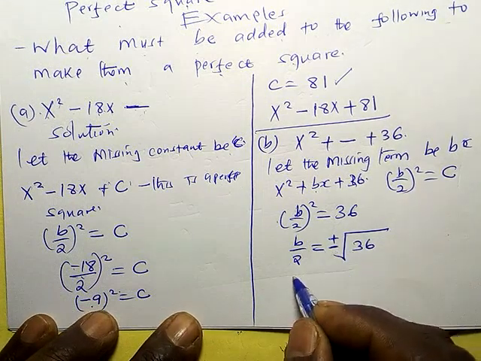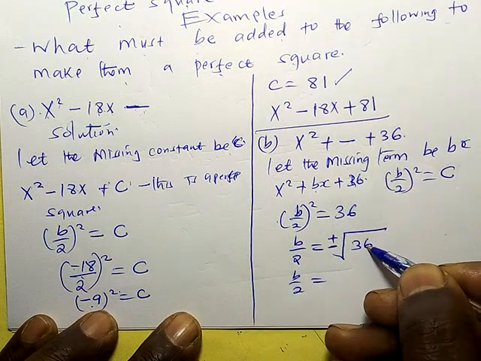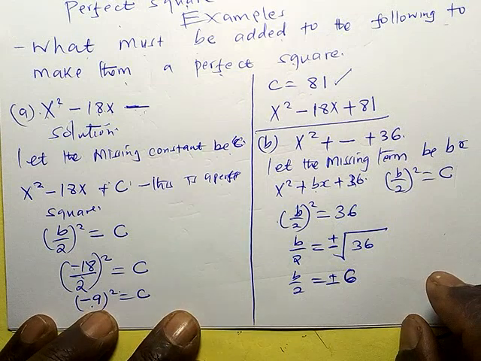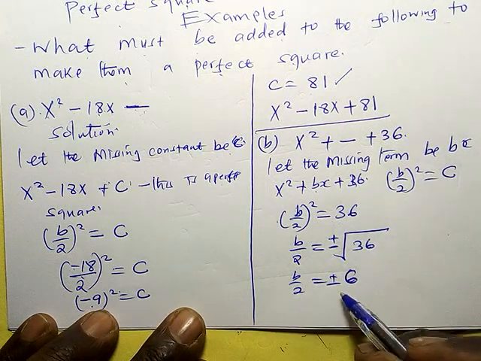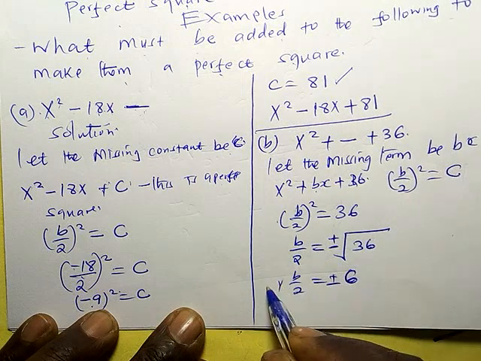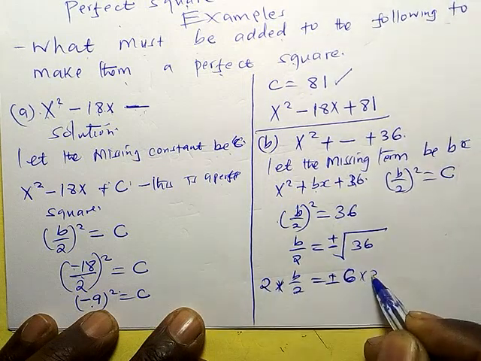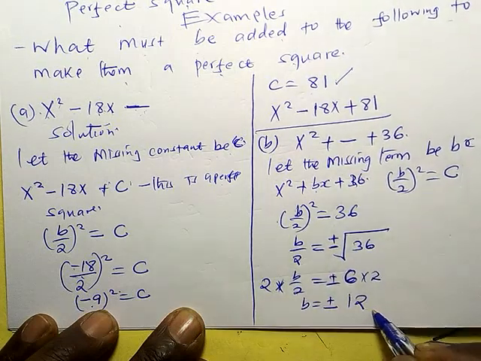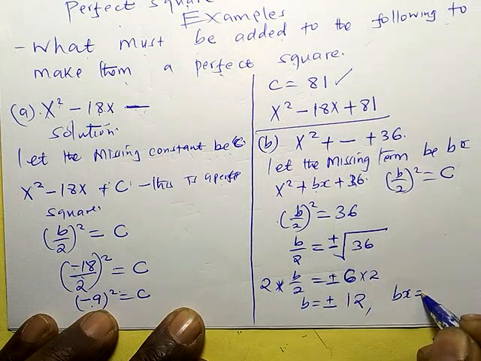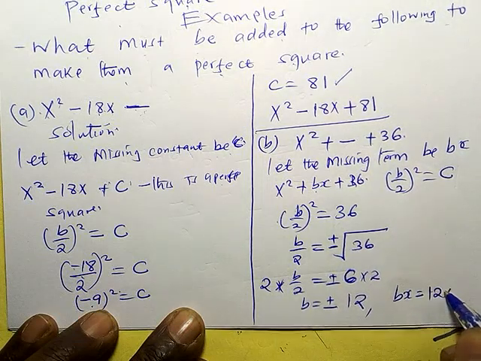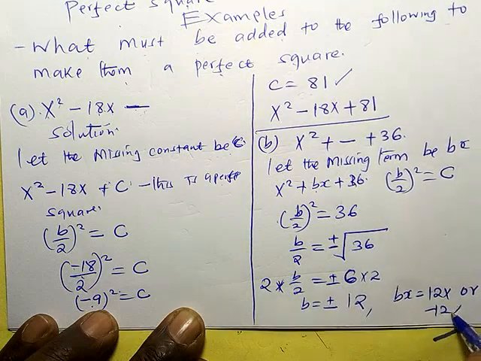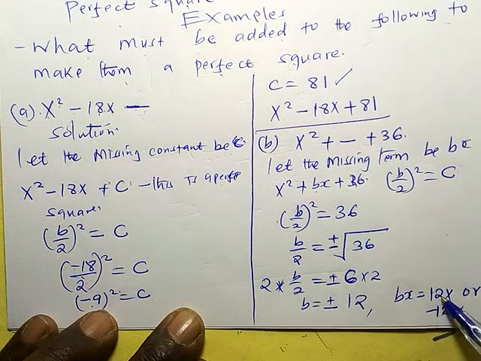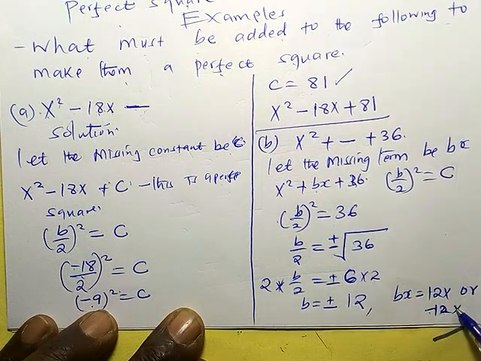Now, b divided by 2 equal to the square root of 36 is positive or minus 6. We want to remove this 2 here, times 2 both sides. So b equal to positive or minus 12. So it means our bx will be positive 12x or negative 12x.